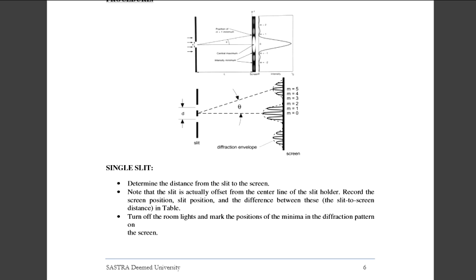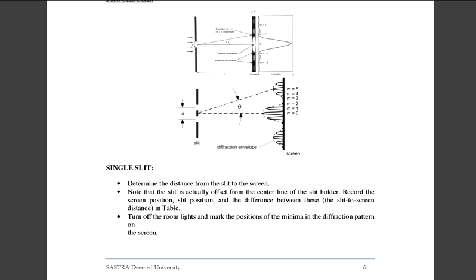Measure the distance between the single slit and the screen. You will be able to see the bright and the dark fringe patterns on the screen. Turn off the lights and mark the position of the minima in the diffraction pattern. Then turn on the lights and measure the distance between the first order marks, that is m is equal to 1, and the second order marks, that is m is equal to 2.